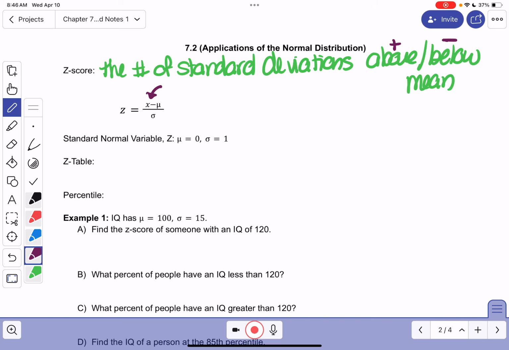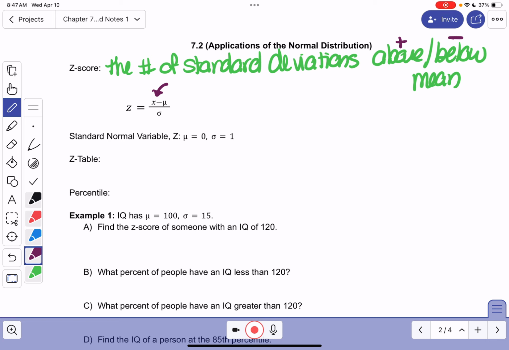So we plug x in, x minus the mean over the standard deviation tells us how many standard deviations above or below the mean that x is. If you're told it's the standard normal variable or not given a deviation and a mean, you use 0 and 1. So the z table, that's the table we're going to use, is table 5.